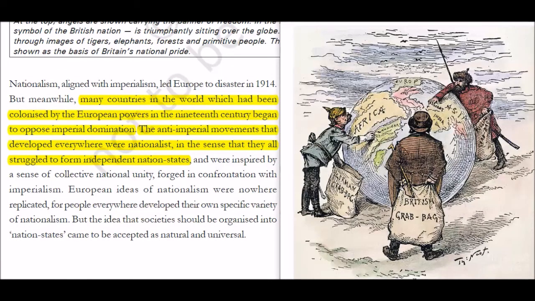Many countries in the world which had been colonized by the European powers in the 19th century began to oppose imperial domination. The anti-imperial movements that developed everywhere were nationalist in the sense that they all struggled to form independent nation states and were inspired by a sense of collective national unity.